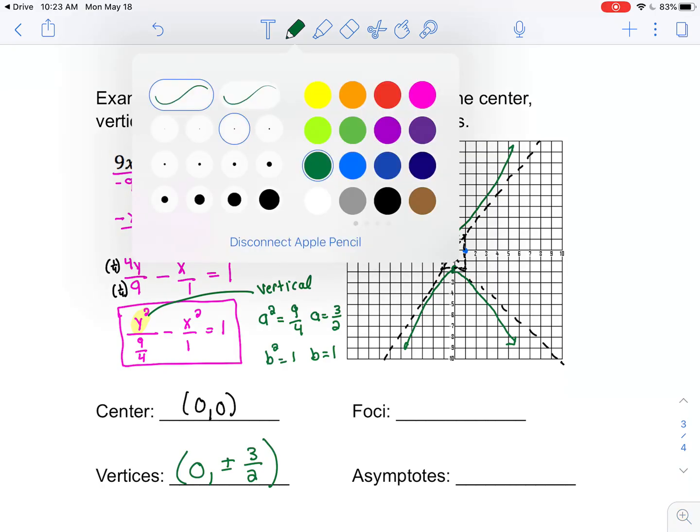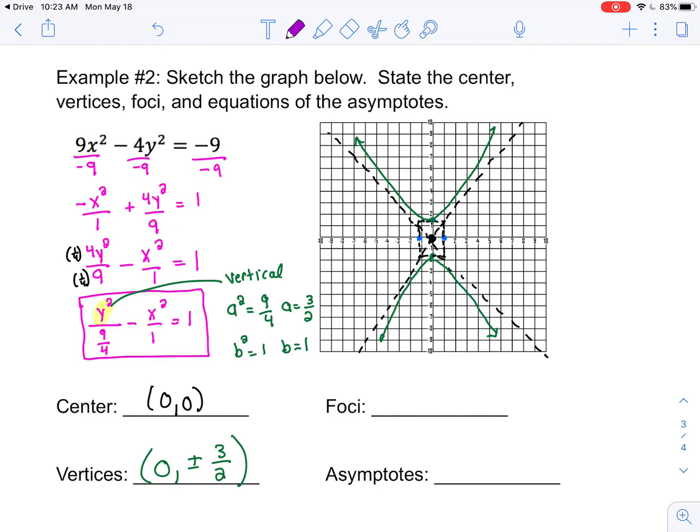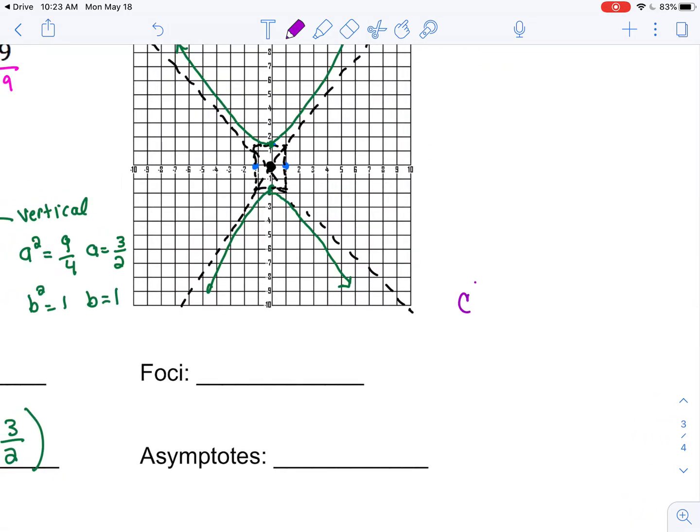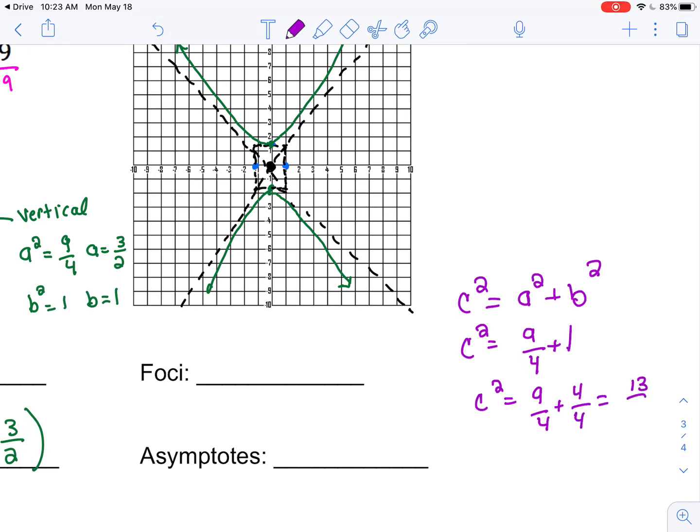My foci are going to lie inside the curve. So I'm going to use c squared is equal to a squared plus b squared to come up with my c value. The c value is the distance from the center to the foci. So I get c squared is equal to 9 fourths plus 1, which ends up giving me c squared is equal to 9 fourths plus 4 over 4, which is going to give me 13 fourths.